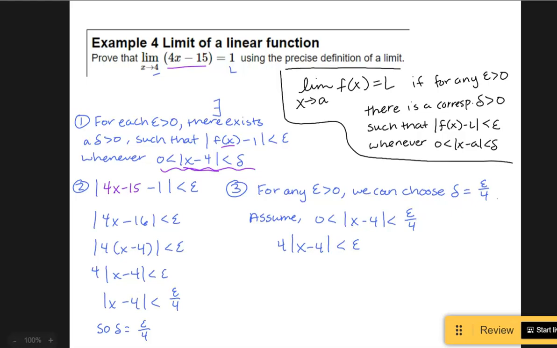You can take it inside the absolute value.